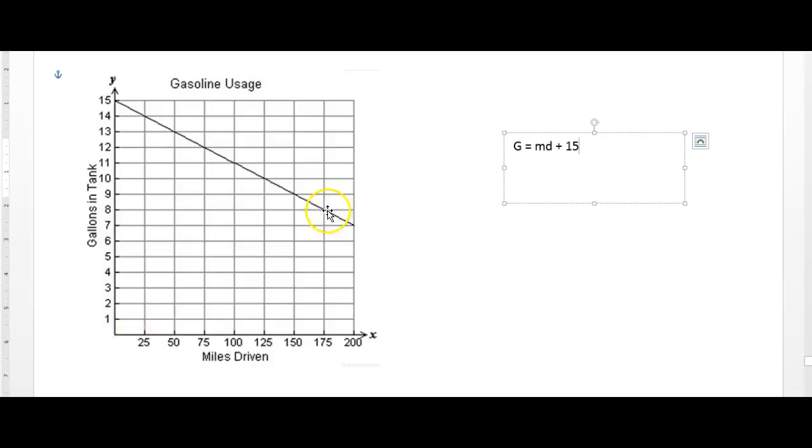So I'm actually going to look over here and find some values that are close together. So I know that my rise in this case is 1. I can see that 14 to 15 is 1. And my run, I'm going from 0 to 25, so my run is 25. Now that's not a decimal, but a fraction, but that's okay.